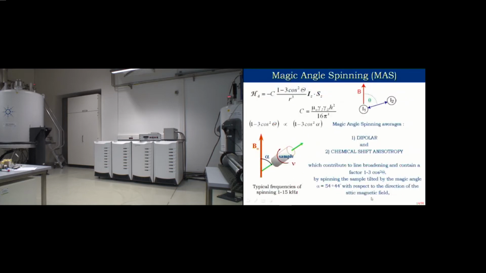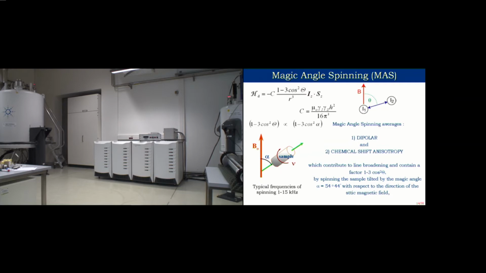And the second idea, apart from removing dipolar coupling, is to simplify the physical state of the substance to be liquid-like. Of course, it is not possible to change a solid to a liquid.